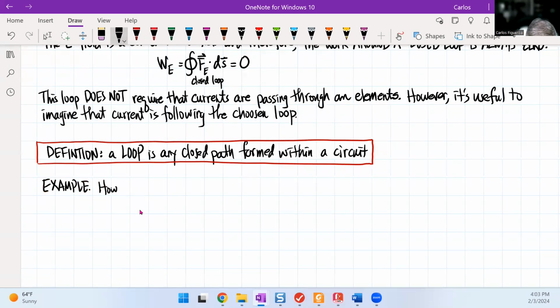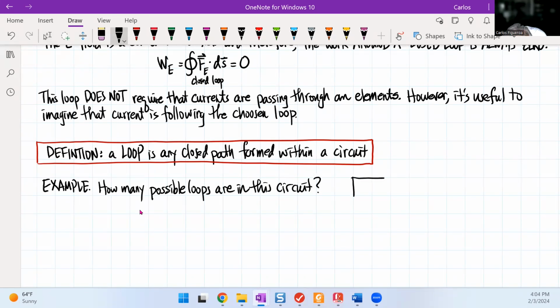How many possible loops are in this circuit? So the circuit that I'm thinking about is that I'm looking at a circuit that has 3 loops like this.